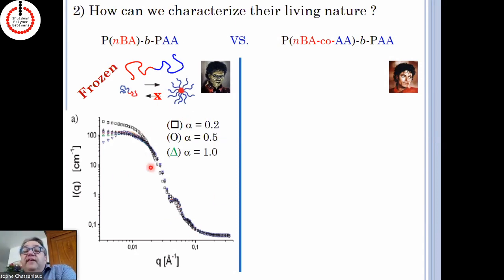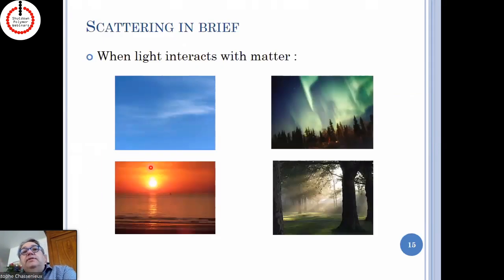I'm not sure that everybody is fully confident with scattering techniques. That's why I've prepared one or two slides regarding this technique. So scattering, in brief, is a very natural phenomenon, and it's due to the interaction of light with matter. Scattering is responsible for the blue color of the sky during the day, or for the red color of the sky at sunset.